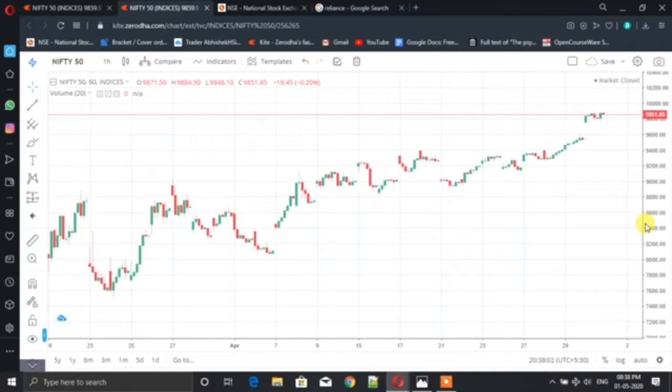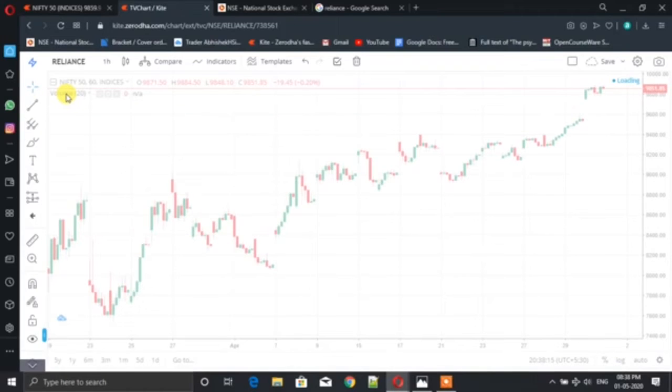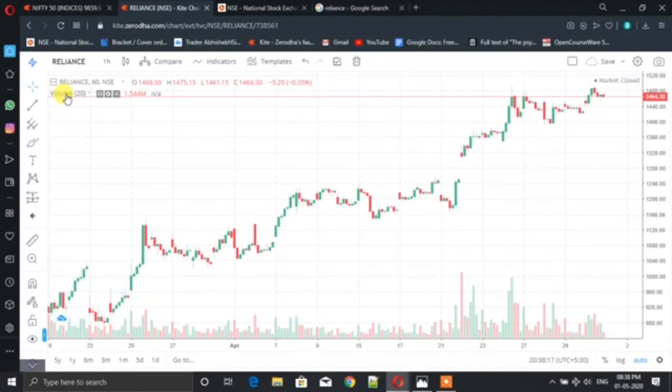So let's see how we could have traded Reliance on earnings. Let's open the Reliance chart. We will go to Reliance Industries. I'm using the TradingView platform for charting. So Reliance made a high around 1493.